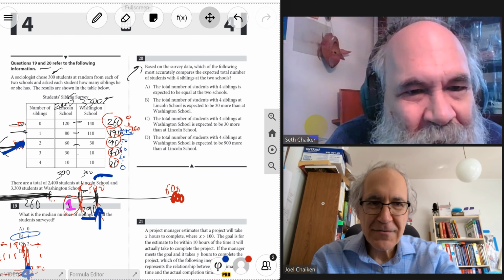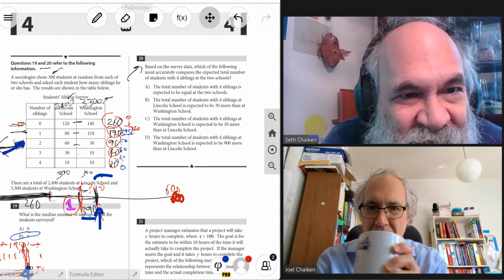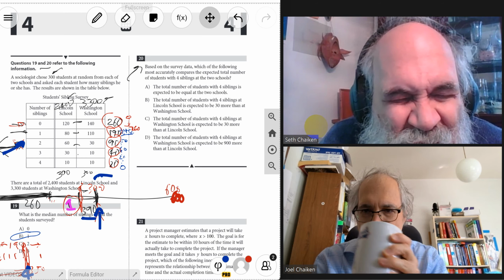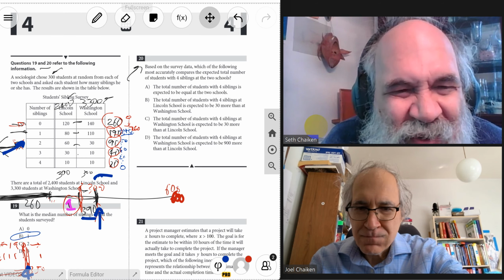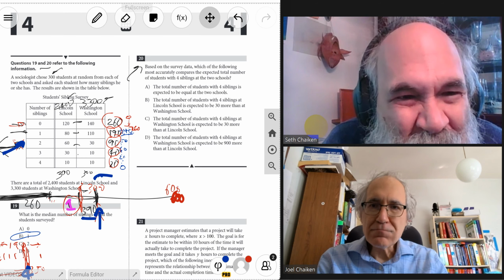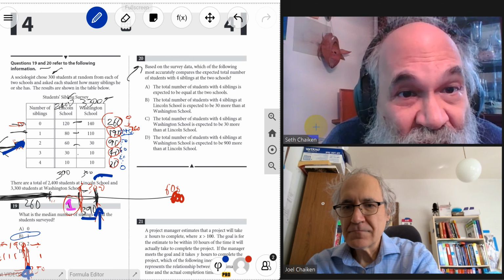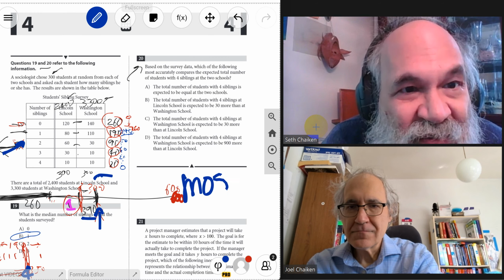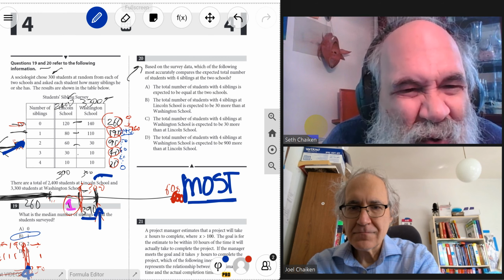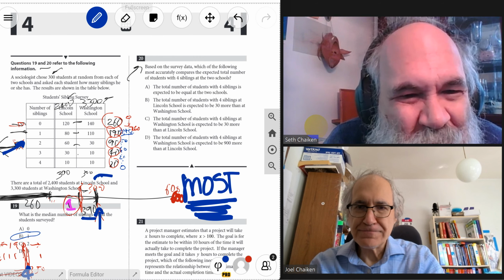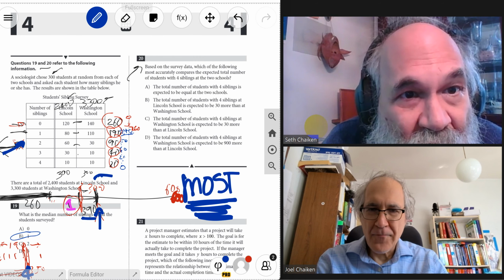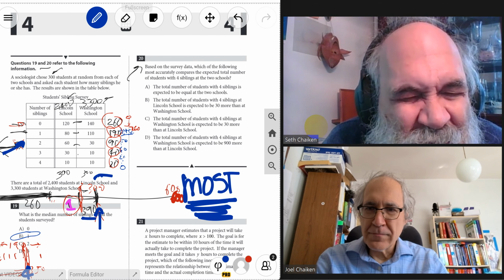Choice A. So these are statements, and we want to choose the statement that is most accurate. Statement 1: the total number of students with 4 siblings is expected to be equal at the 2 schools. Okay, let's keep that in the brain.